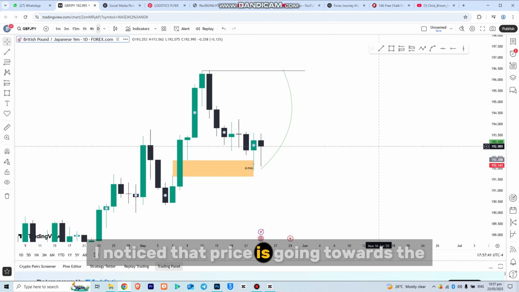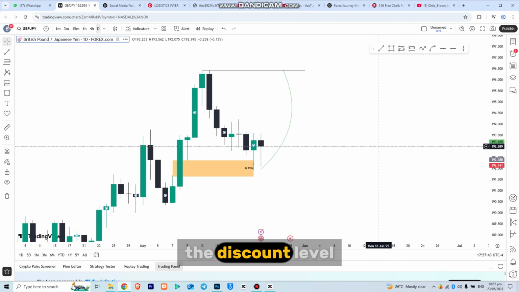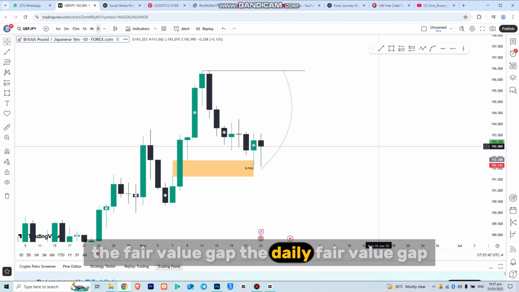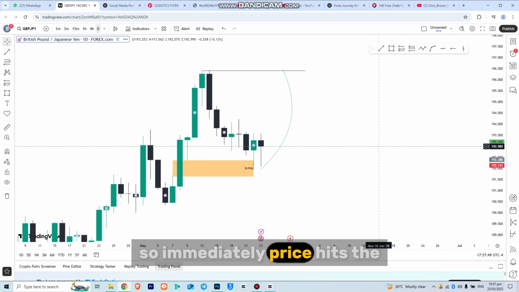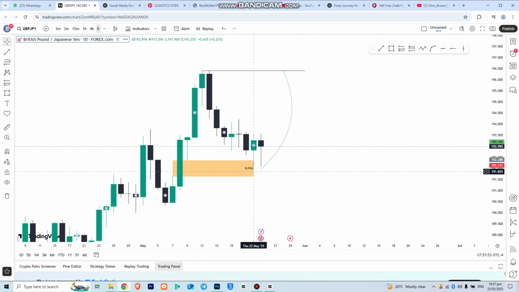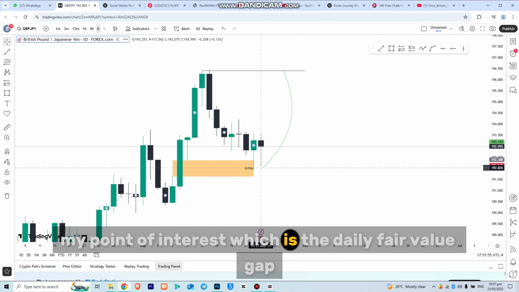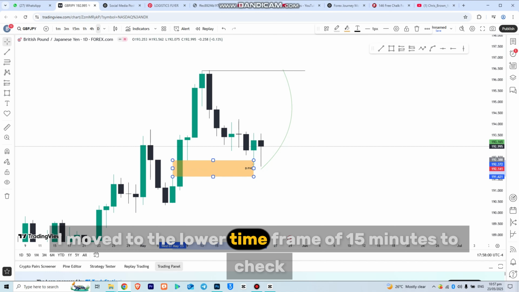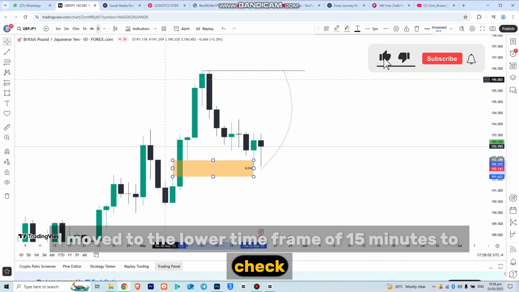I noticed that price is going towards the discount level, and on my discount level there is a PDRA, the daily fair value gap. So immediately price hits my point of interest, which is the daily fair value gap, I moved to the lower time frame of 15 minutes to check.